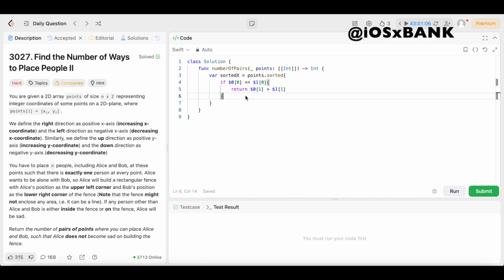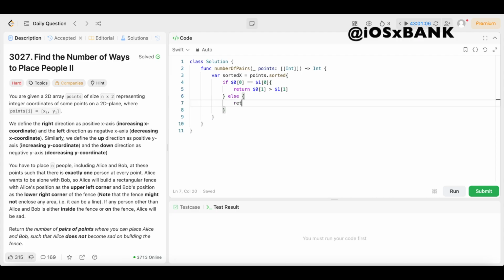Boom, just like that. Then we come right here and say else, open up the brackets and return $0[0] is less than $1[0]. Boom.